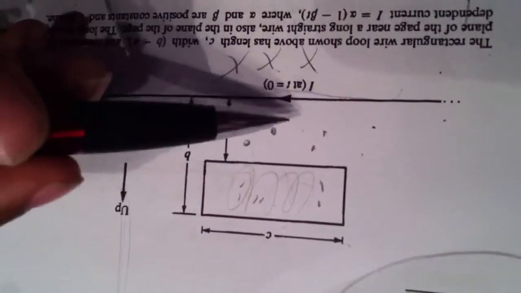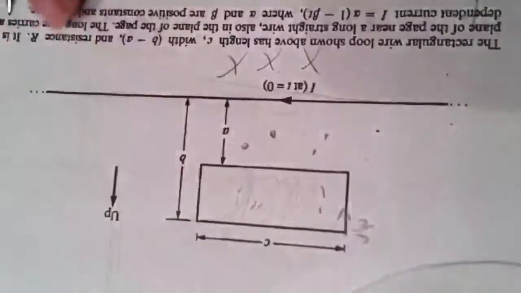But the magnetic field changes based on how far away you are from this current. So the dr would be like this. It's just length times width is area, so dA equals C dr. It would also be from A to B because that's just how big the rectangle is. That's where we're taking the integral.